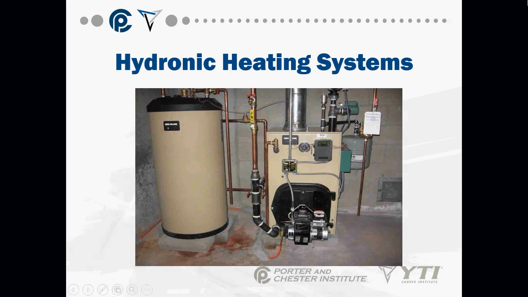Here's your aquastat, a digital aquastat, which will tell you the boiler temperature. This is a high vent, which releases any air that is in the water. Right here is your expansion tank, this cylinder right here.